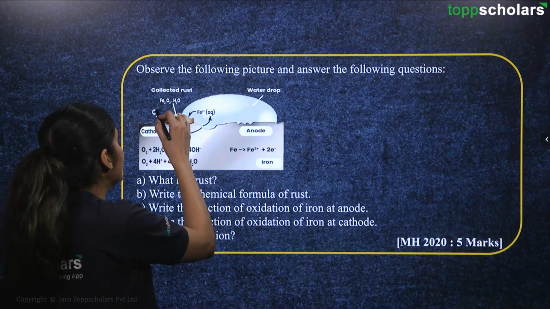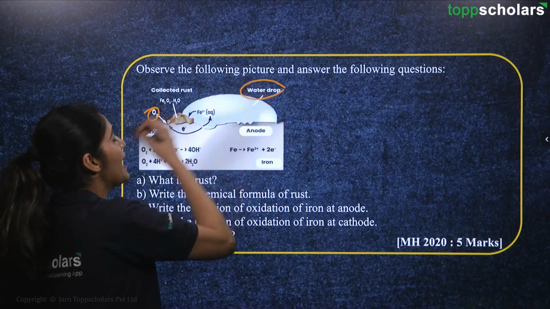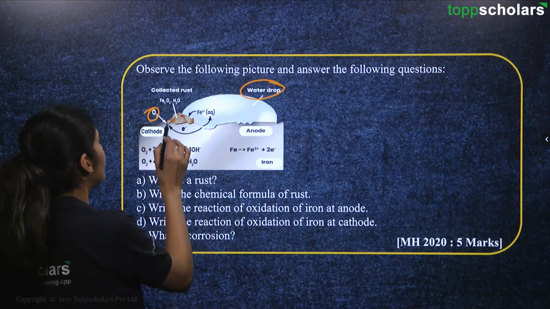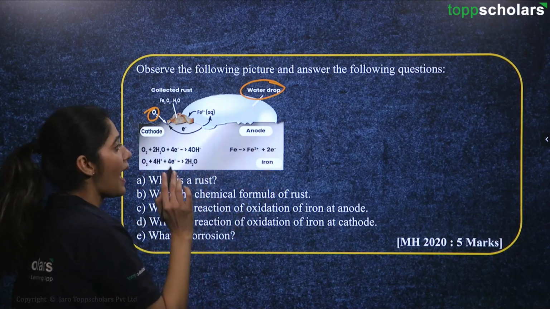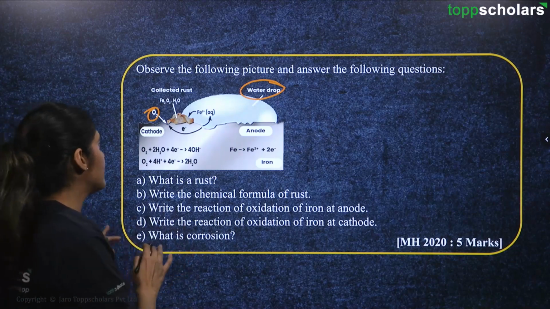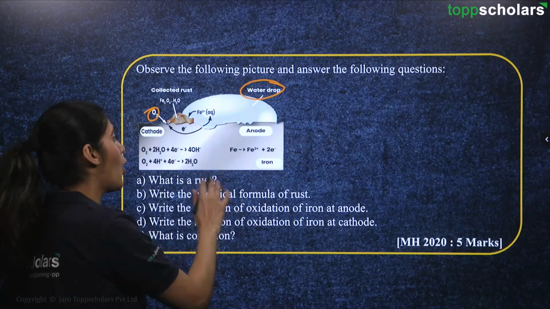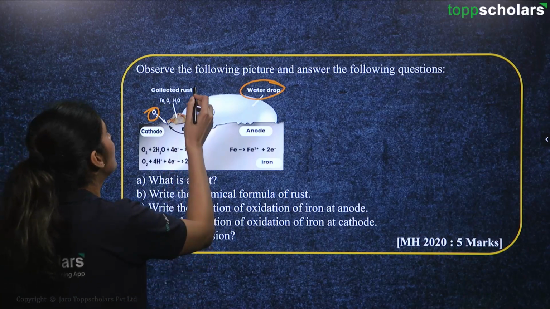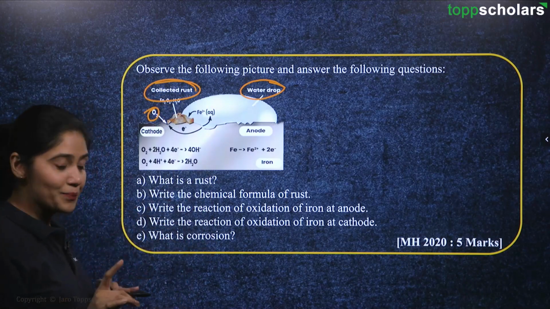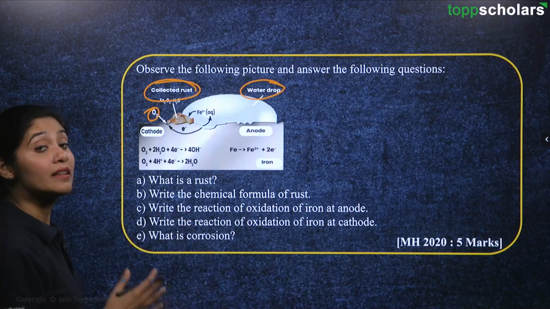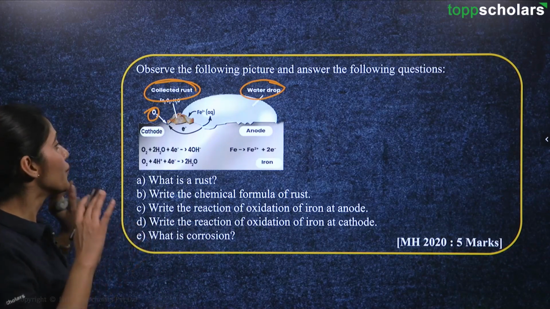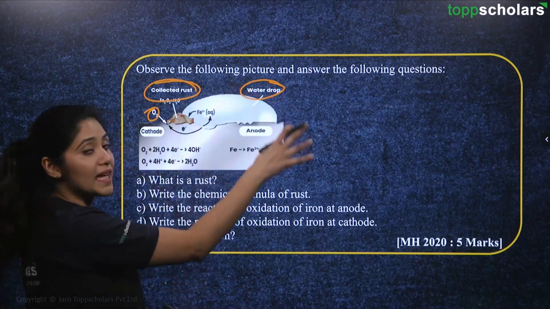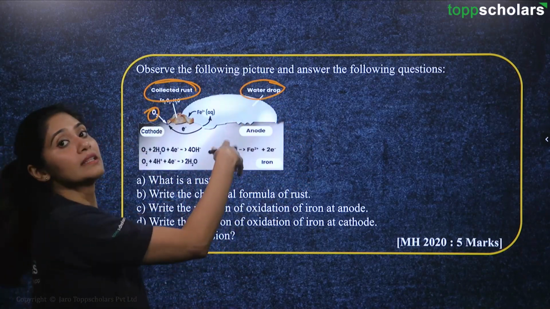It is reacting with oxygen and water droplet, and it is forming a region of cathode and anode on the surface, and there is a reaction occurring on both these places which is leading to the formation of rust, right? So, this is a rusting process. So, we have to answer the questions given here based on whatever is going on in this picture.